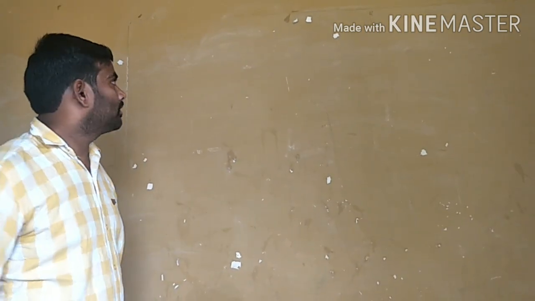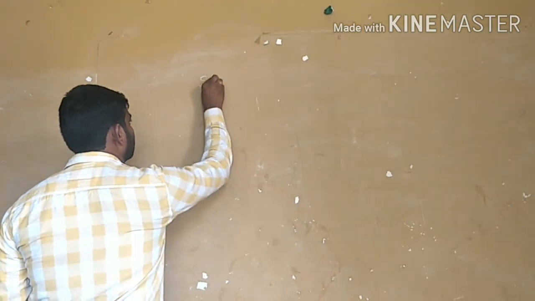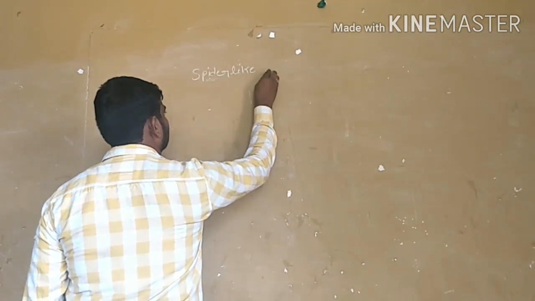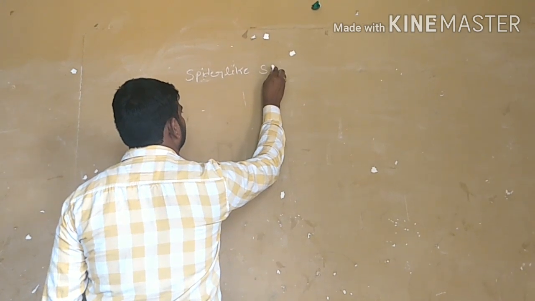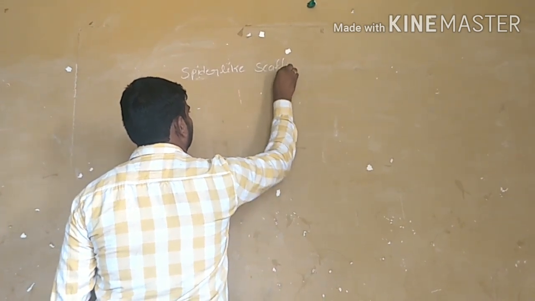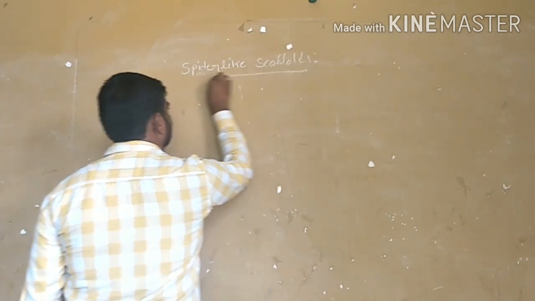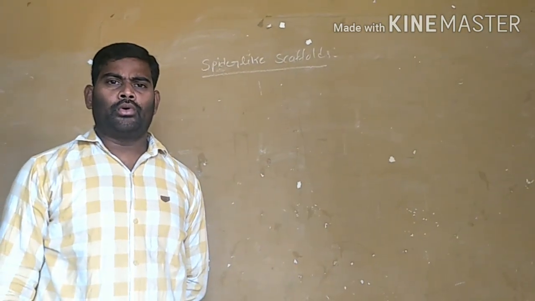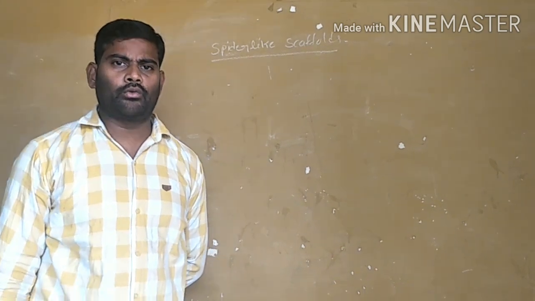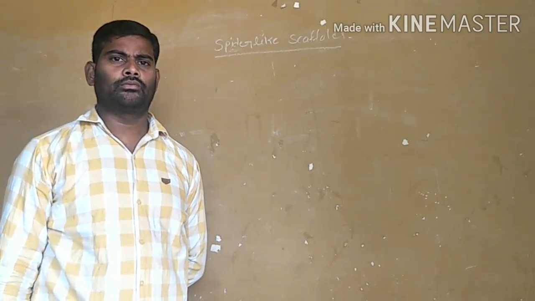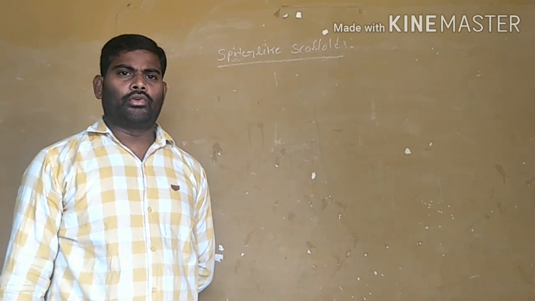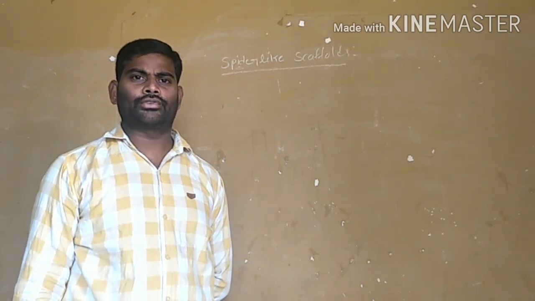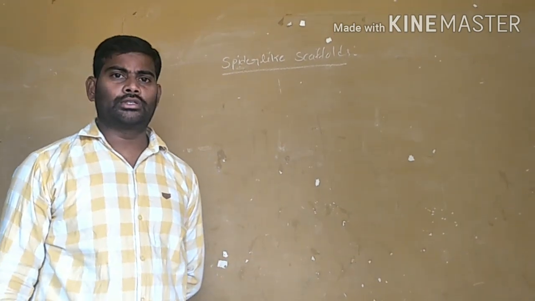Let us discuss the spider-like scaffold. To find a new lead compound, we need diverse structures. For this, the best way to synthesize a variety of structures is preparing spider-like molecules.